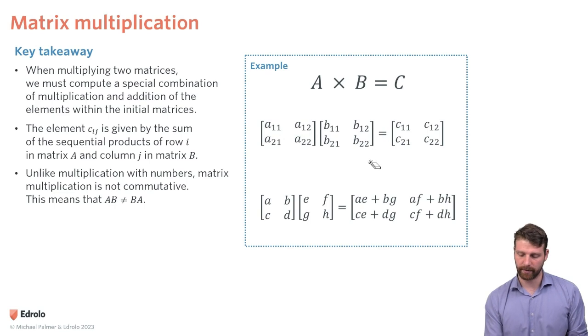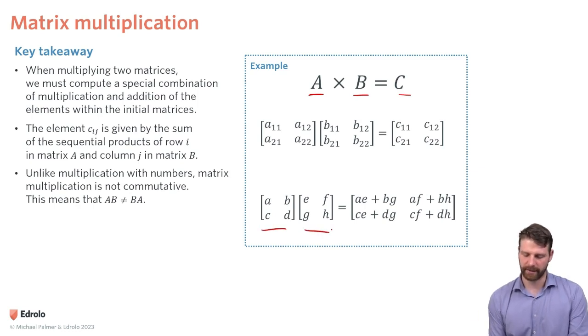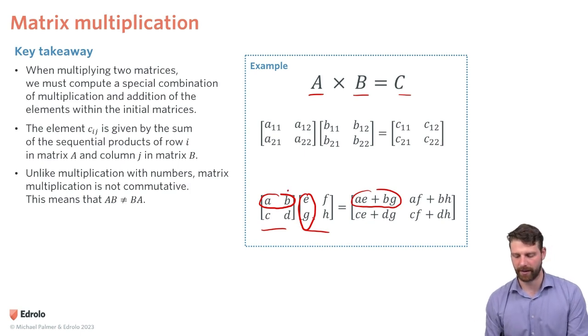What I've got here is a diagram that shows you how to get each entry in the matrix. So if we do A times B, give us a matrix C, then if I've got these matrices here with A, B, C, D, E, F, G, H in them, and they're just numbers, then to get this first position, I need to do A times E, and then move it along and do B times G, and then add those two together.